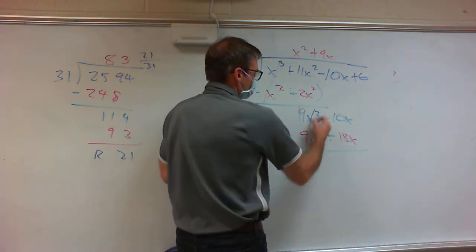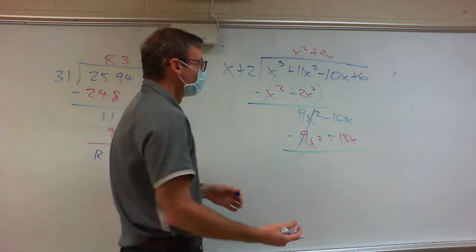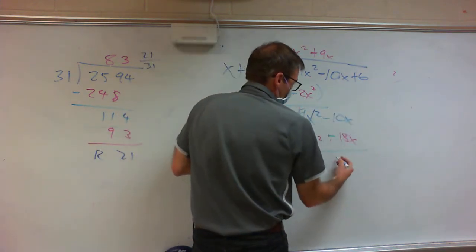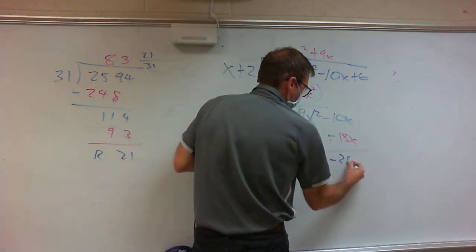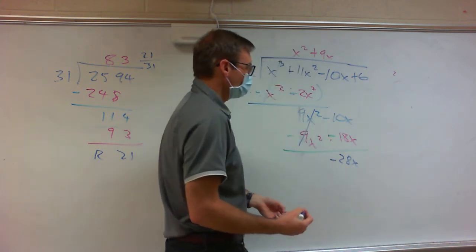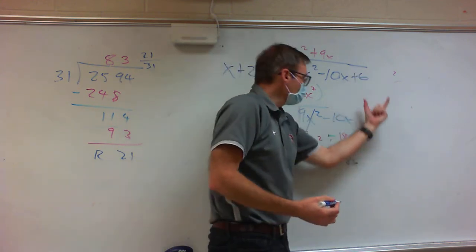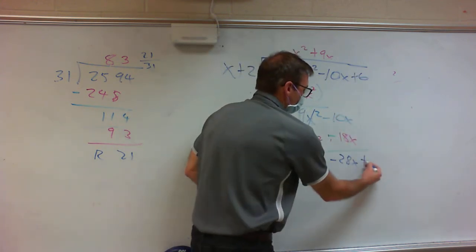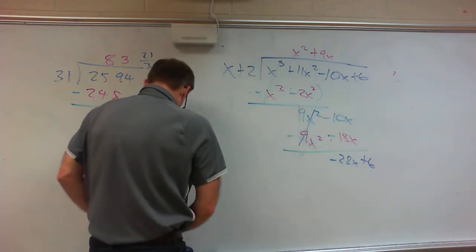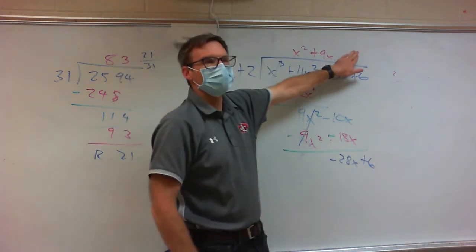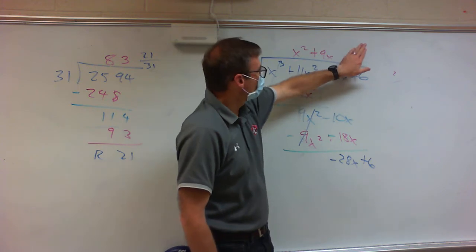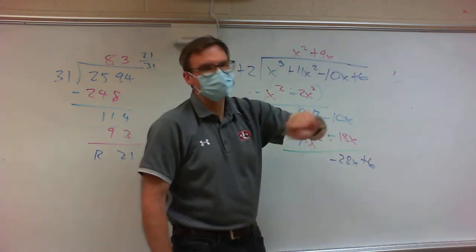And this cancels because it has to. When I combine these, this gives me a negative 28x. I'm going to bring down the 6. And then I have to think of what goes here so that this times this is exactly negative 28x.